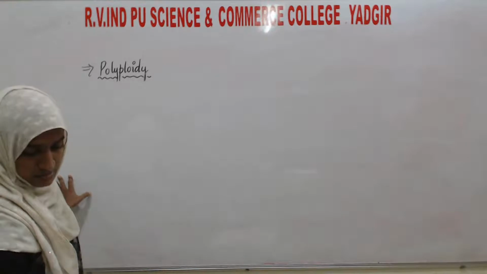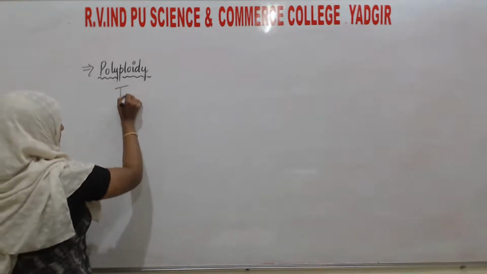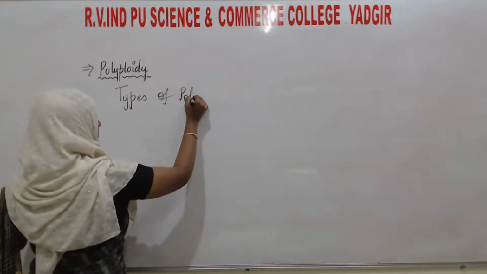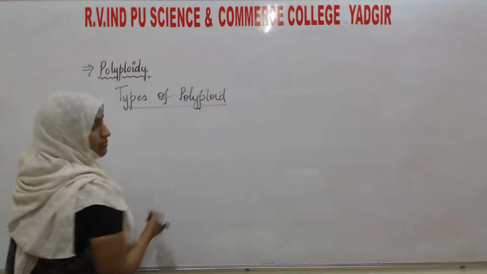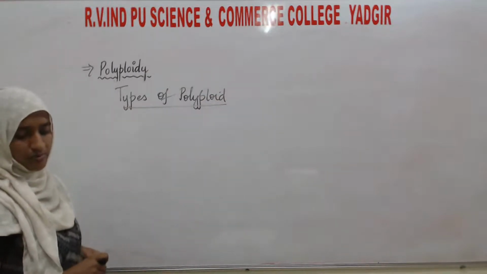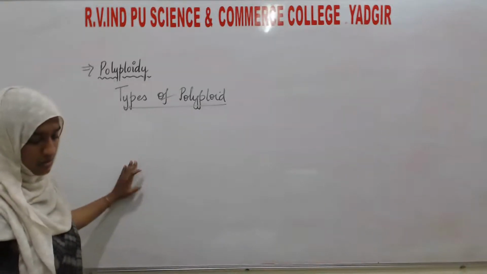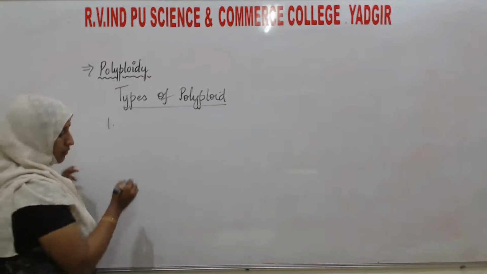Next, types of polyploid. Here in the types of polyploid, three types are discussed. What are they? First is autopolyploid.